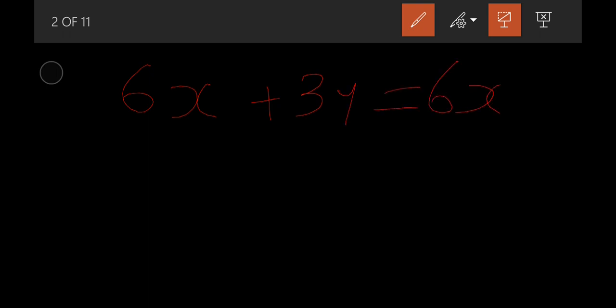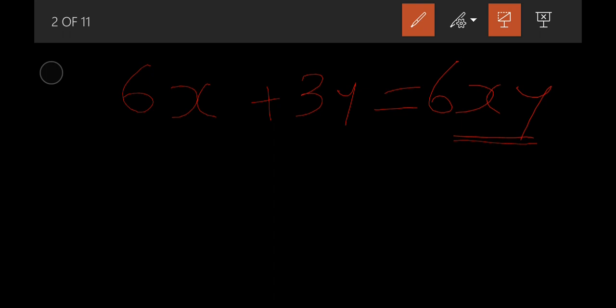Here given that 6x plus 3y is equal to 6xy. For this example, here given that 6x plus 3y is equal to 6xy. So what do we do? Here you can see that x into y is given.